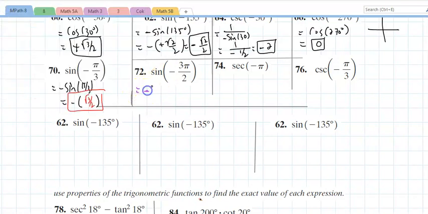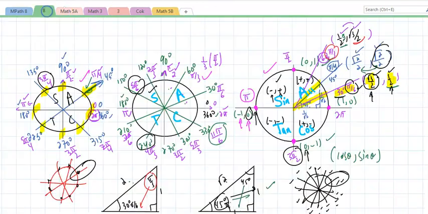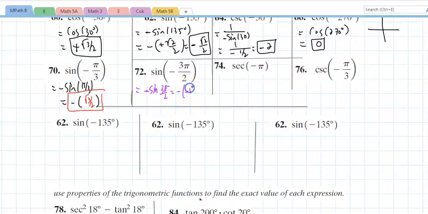This is negative the sine of 3 pi over 2. Negative 3 pi over 2 is right there. Sine is negative 1. The triangles can't help you on those. It has to be the trig. So that's a positive 1.